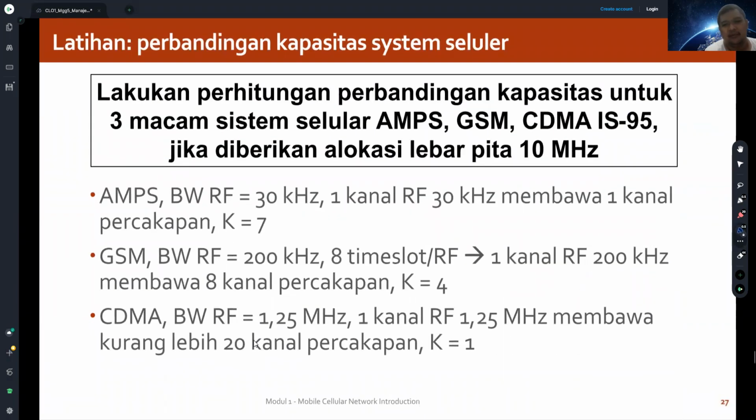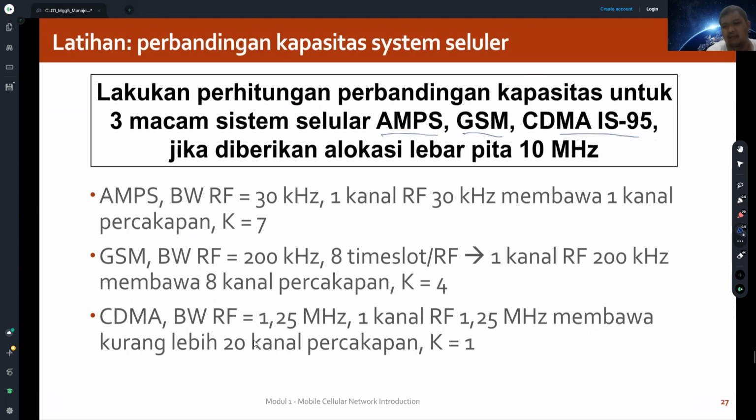Let's do an example. Calculate and compare this capacity between 3 technologies. The first one is the AMPS technology, and also GSM, and also CDMA IS-95. Oh, this is the old generation.